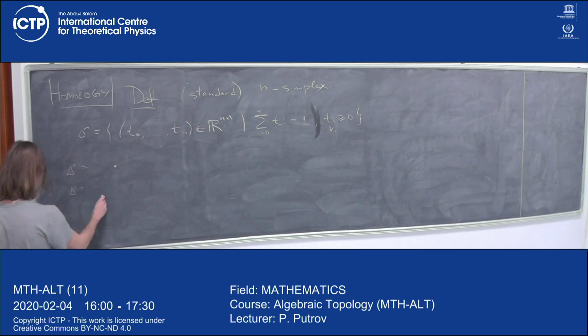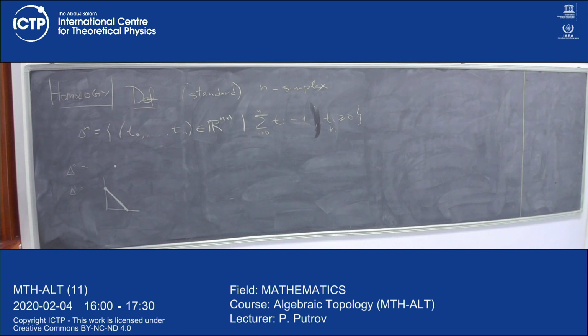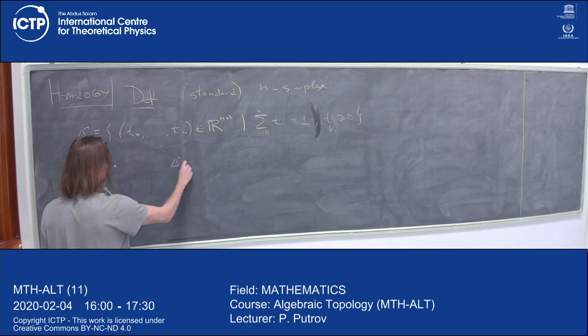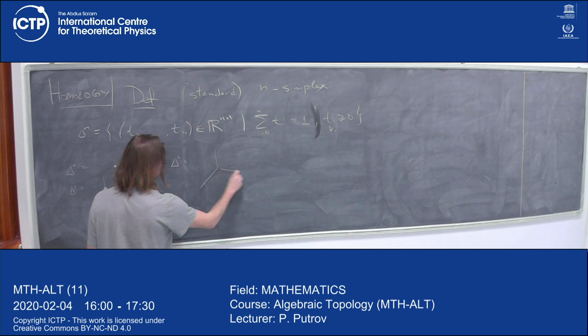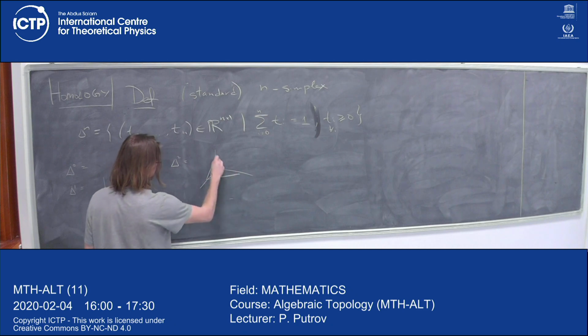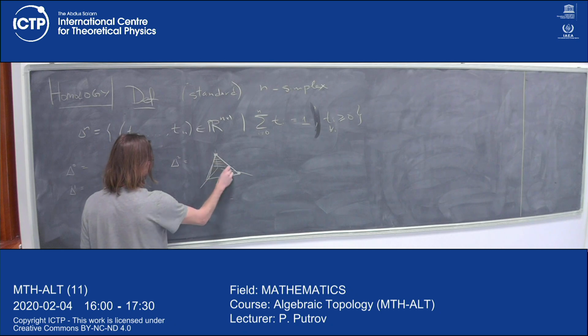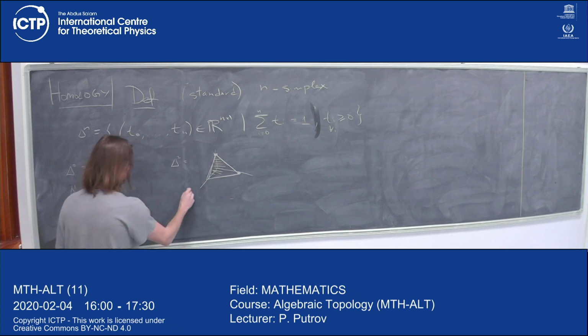So delta 1 is the following subspace in R^2. It's an interval. And delta 2 is the following triangle, and so on.